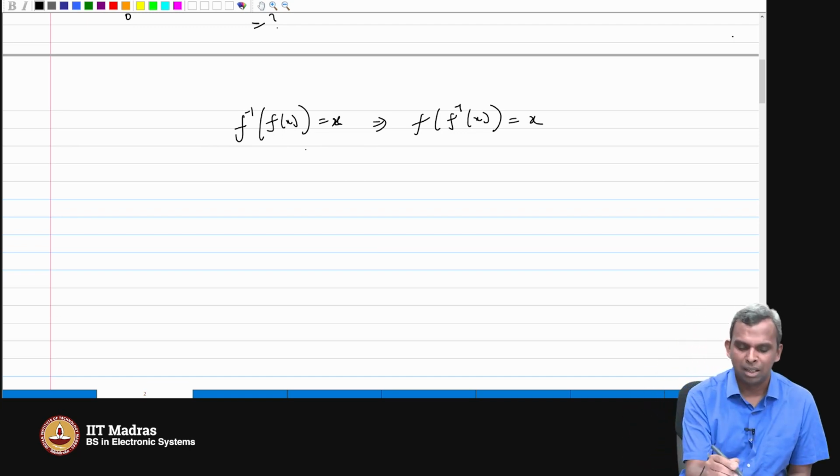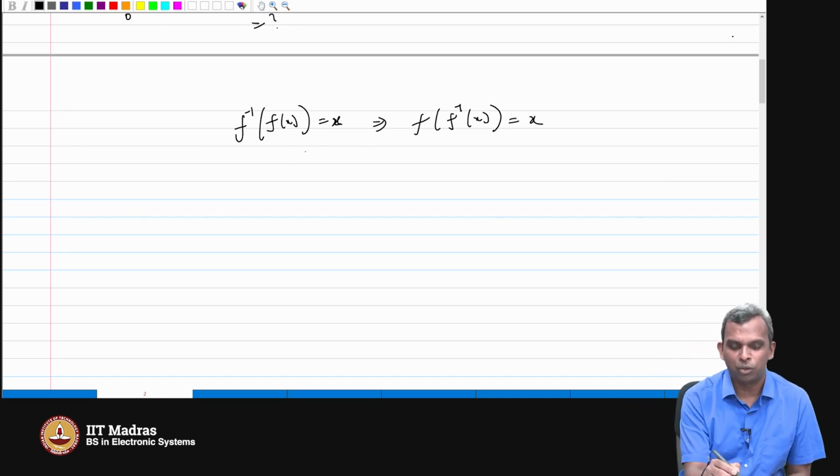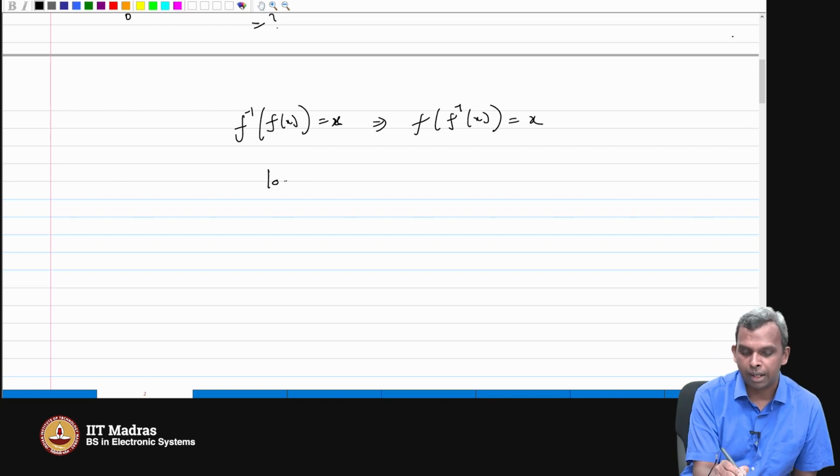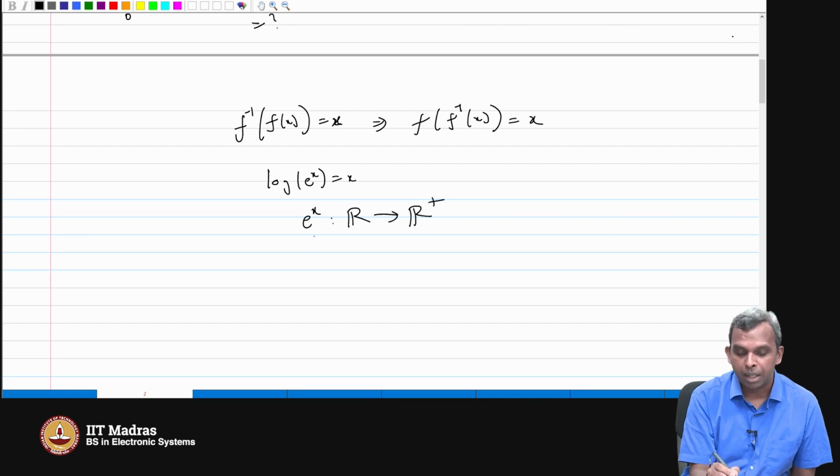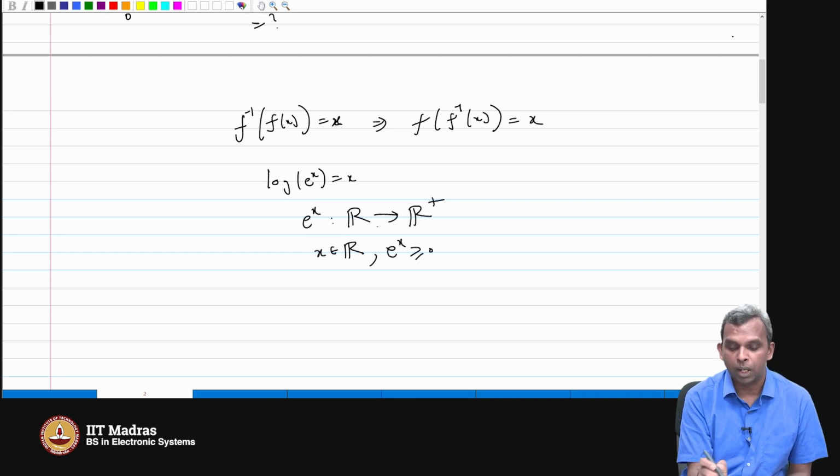These two are true. The range and domain matter, you know. For instance, I write log of e power x is x. E power x is a function that takes the real line to the positive real line, right? What do I mean by that? x can belong to R, but e power x is always greater than 0. So e power x takes the real line to the positive real line.